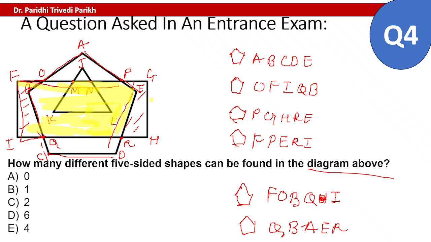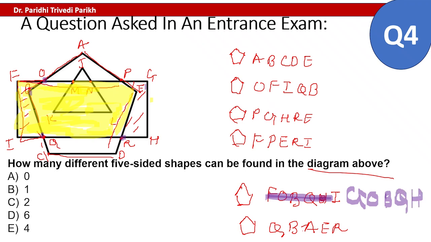I hope you understand. The same way, on the opposite side, I shall go with G, O, B, Q, H. I think over here I made a mistake. G, O, B, Q, H. Yes. So this is like this. This figure.